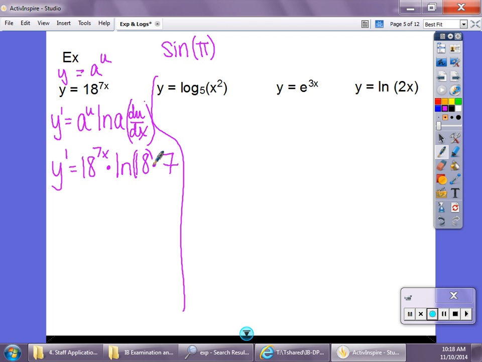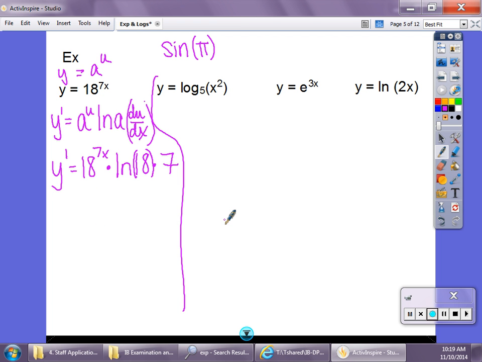So can I multiply this 7 times this 18? No. I can type 7 times the natural log of 18 into my calculator, but that's not going to give me an exact answer, and on a non-calculator part of your AP test you definitely can't do that. Can you multiply this 7 and this 18? Some people are saying yes, some people are saying no.